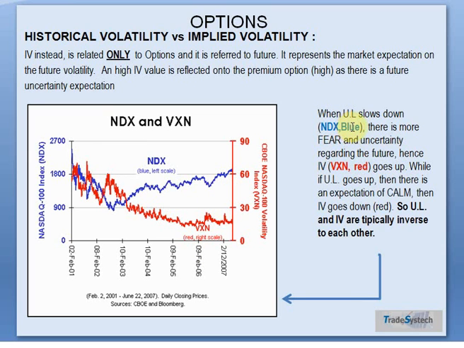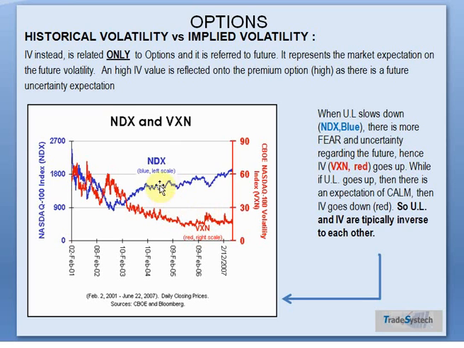The underlying NDX is in blue, and there is more fear and uncertainty regarding the future, which means the implied volatility in red goes up. So you see, when the underlying starts to go down, then the implied volatility goes up.